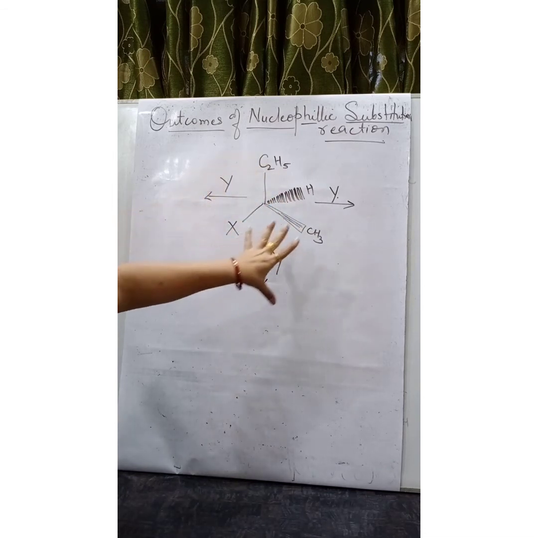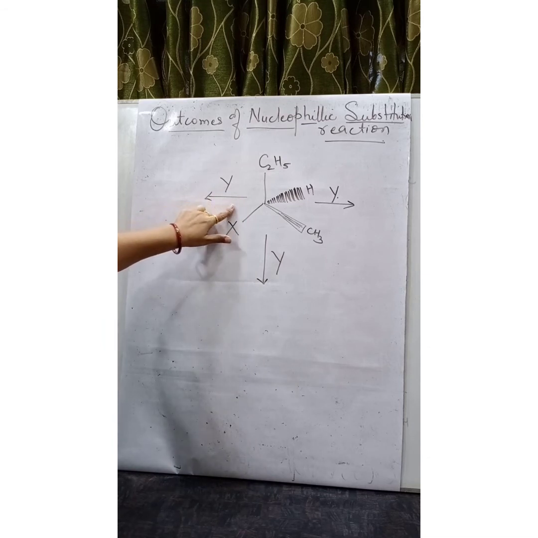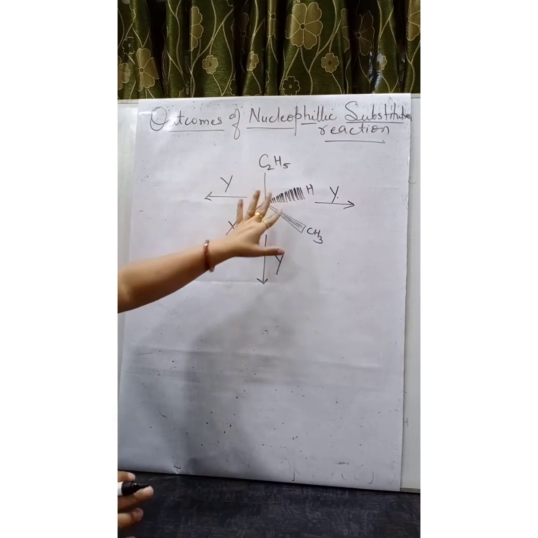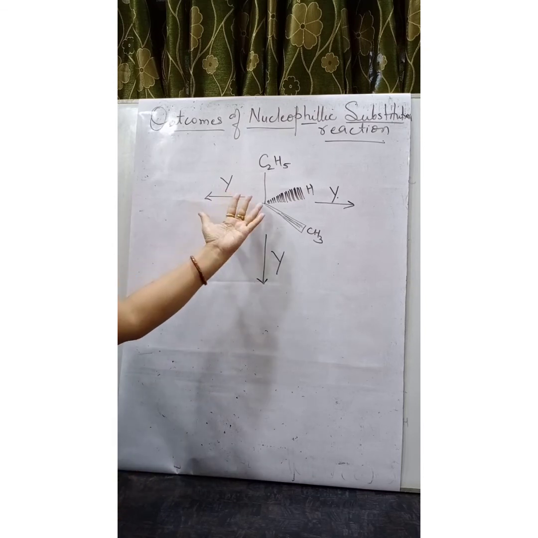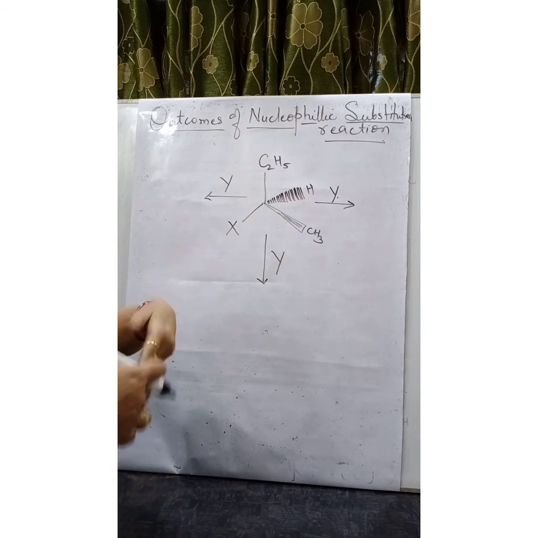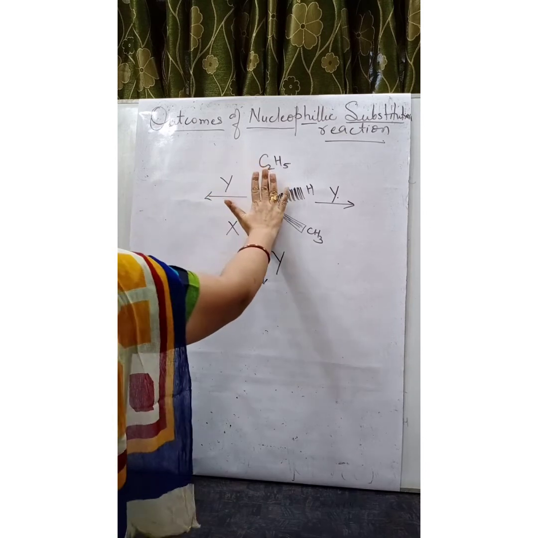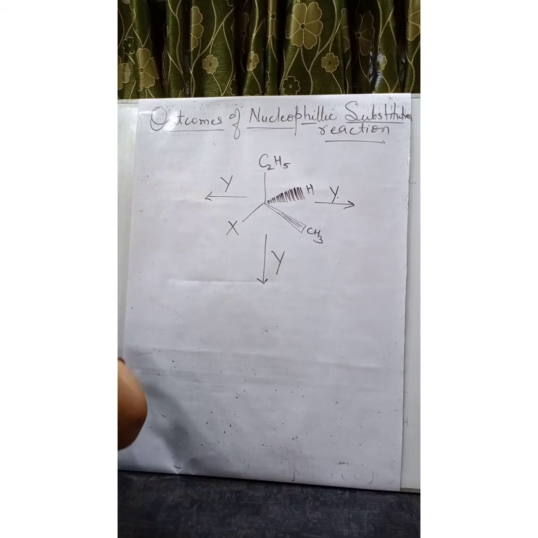In the first case, when Y is attacking this substrate, Y replaces the halogen in such a manner that the compound gets inverted, just like an umbrella turns upside down in strong winds.